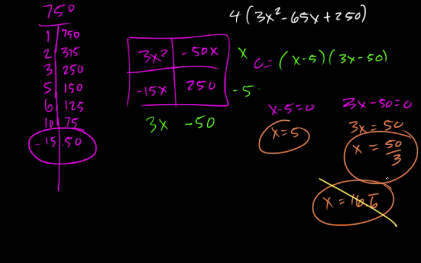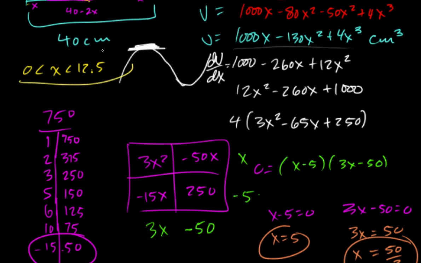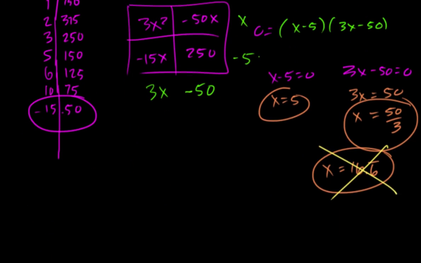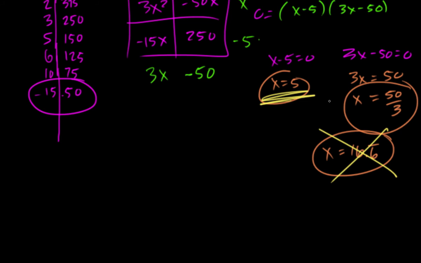Now, we're going to throw this out because it's not within this range. So x equals 5 is going to be our maximum volume, assuming that this is a maximum.